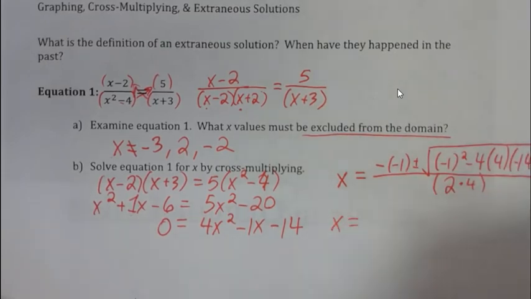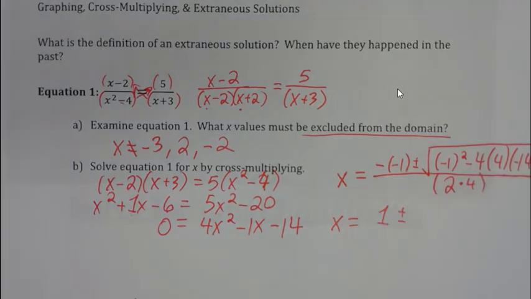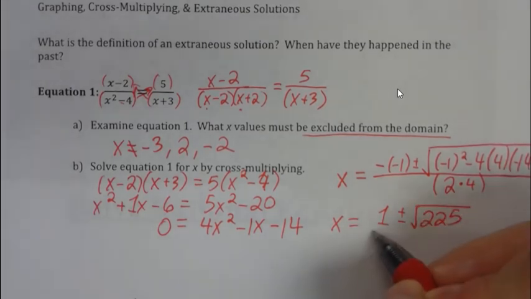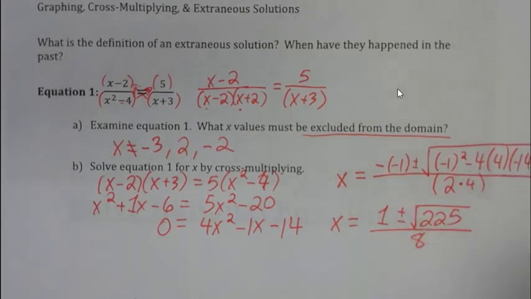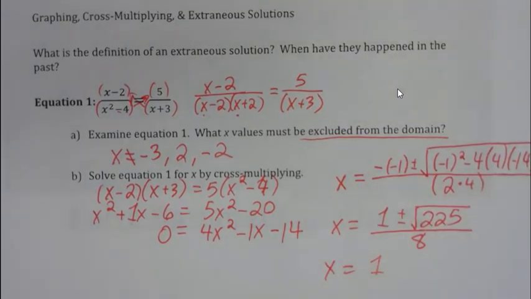Then we can simplify a little bit. We'd have a -1, which would just be 1, and underneath the square root we would end up with 225, and that is over 8. The square root of 225, I believe, is 15, and yeah, that's true.